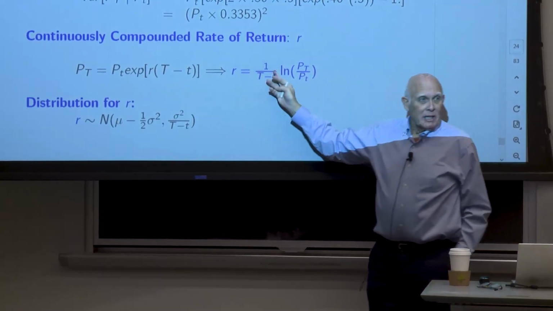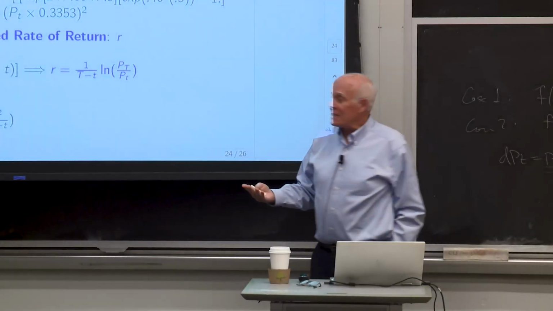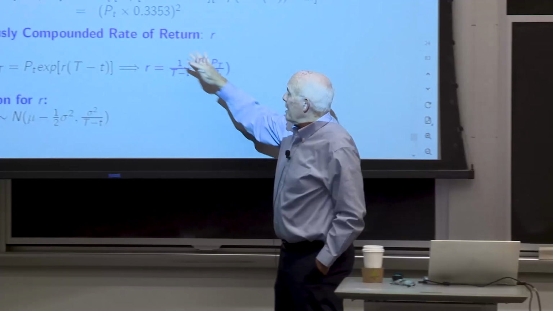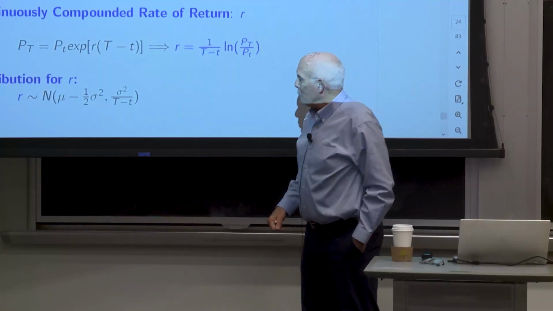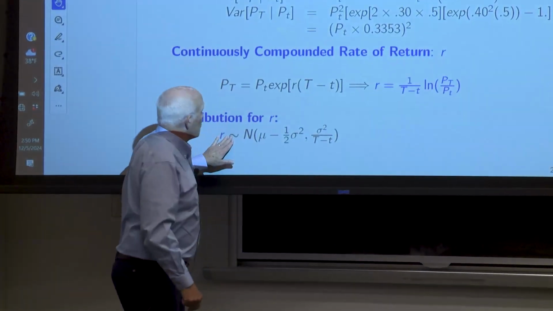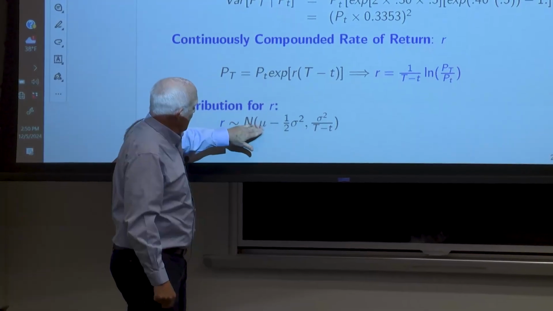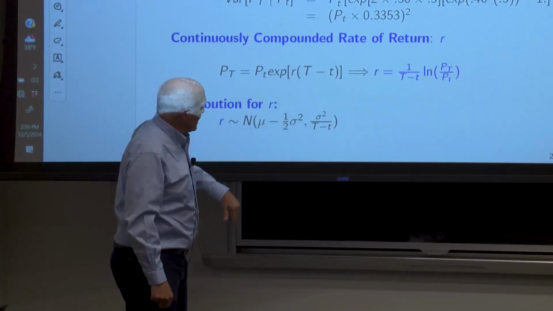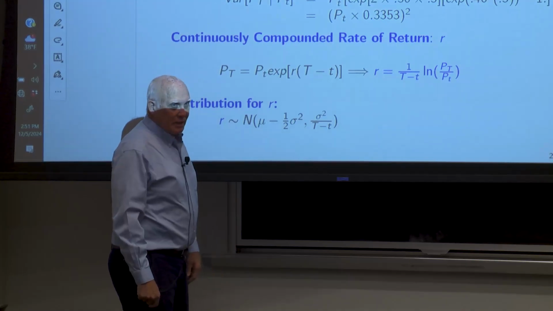And divide that by the length of the period, capital T minus t. And we get basically the annualized rate of return for the geometric Brownian motion. And that rate of return as a random variable is normal with mean mu minus a half sigma squared and variance sigma squared over (T minus t).